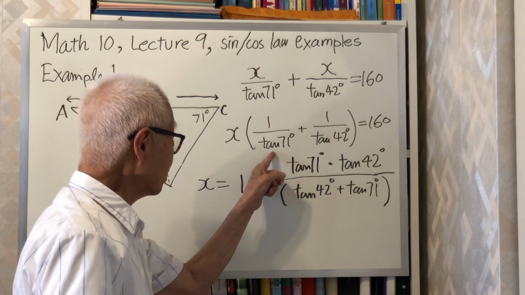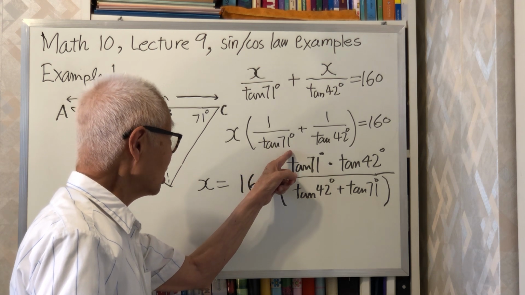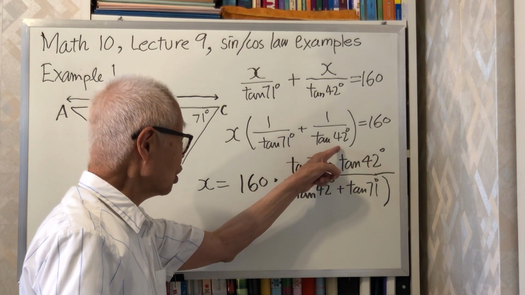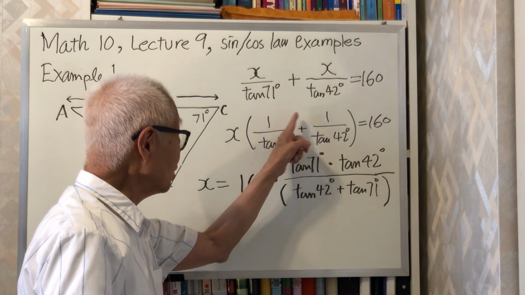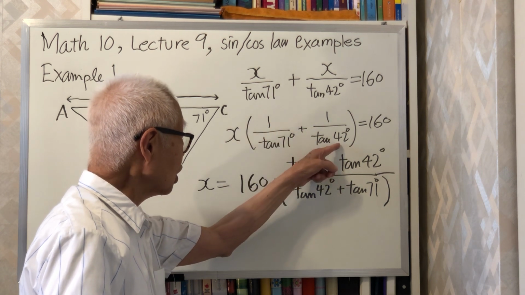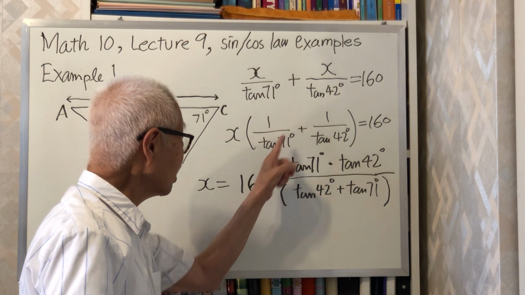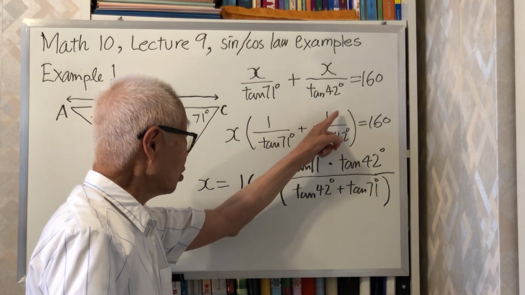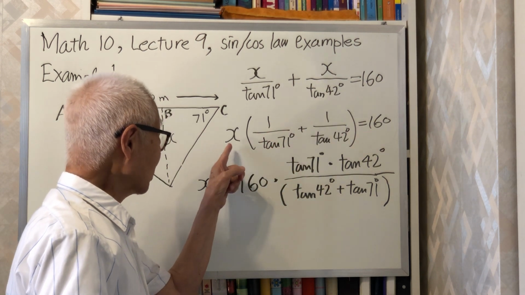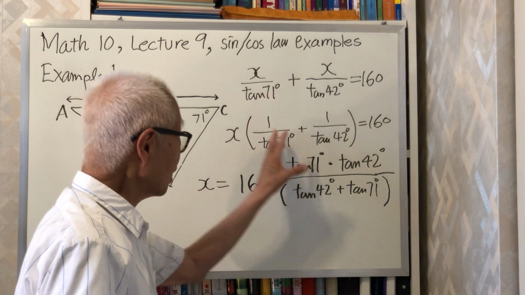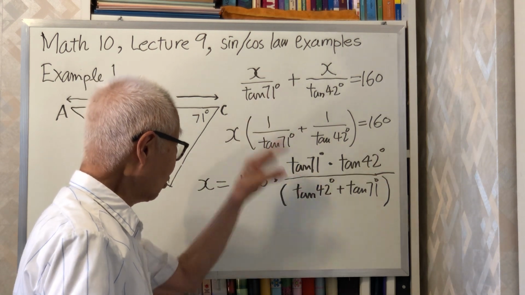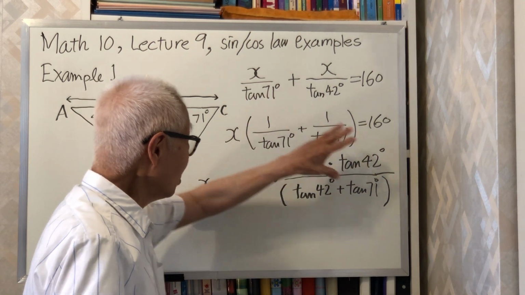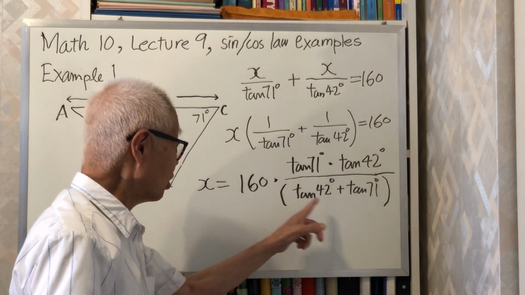The common denominator is tangent 71 multiplied by tangent 42, and the numerator becomes tangent 42 degrees plus tangent 71 degrees. When I solve for x, I move this to the other side to divide. When you divide by this bracket, you flip it and you have this.